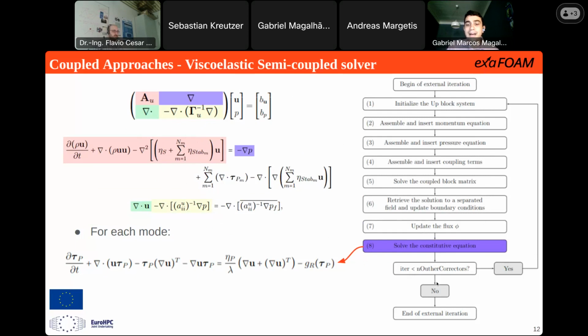And we have a new step in our flow chart after the solution of the block system. In this step, we are solving the constitutive equation for each mode. It means that, for example, if we are using a fluid with 5 modes, we are solving 30 equations in this step.